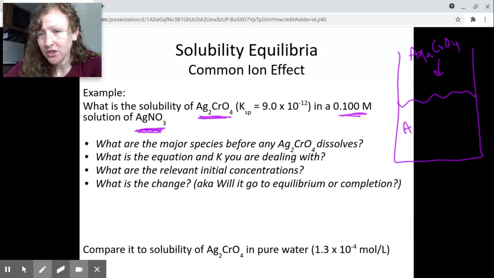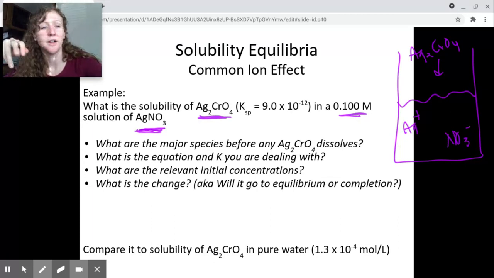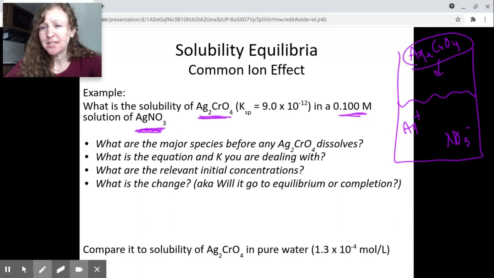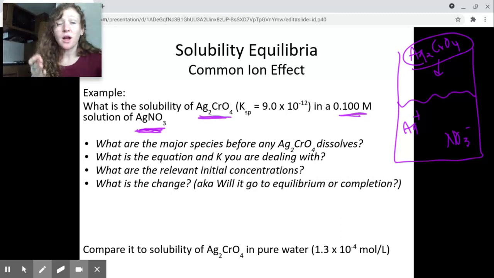Well, Ag+ is going to be in that solution, and NO3- is going to be in that solution, floating around with some water ions, right? So we have this solid going into water and a bunch of ions. Just like acid-base equilibria, we have to consider what's present before we can move forward.